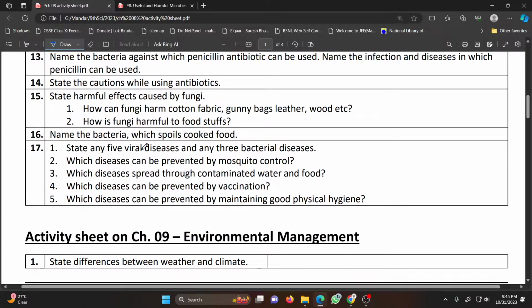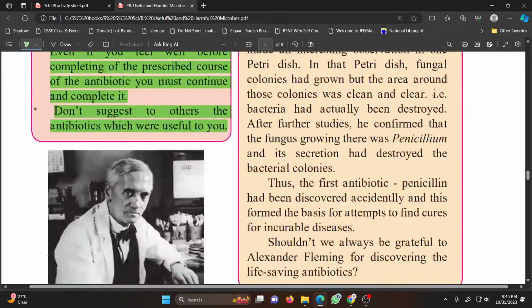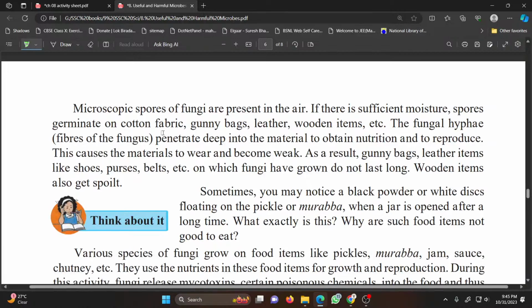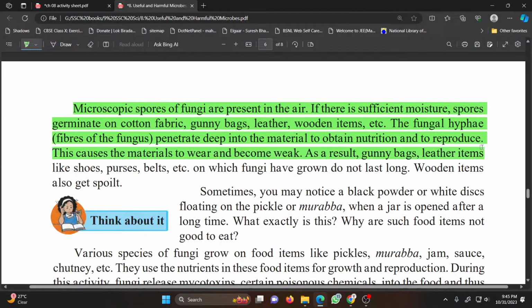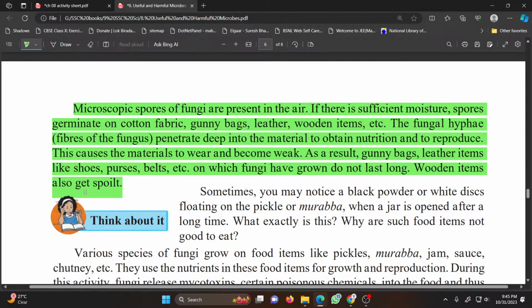State the harmful effect caused by the fungi. The microscopic spore fungi are present in air. If there is sufficient moisture, spores germinate on cotton fabric, gunny bag, leather, wooden items, etc. The fungal hyphae penetrate deep into the material to obtain nutrition and reproduce. This causes the material to wear and become weak. As a result, gunny bags, leather items, shoes, purses, belts do not last long, and wooden items also get spoiled.